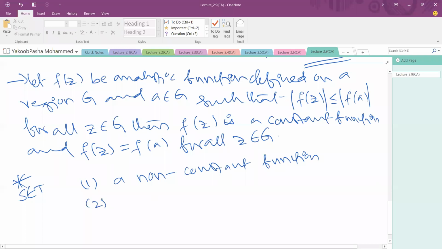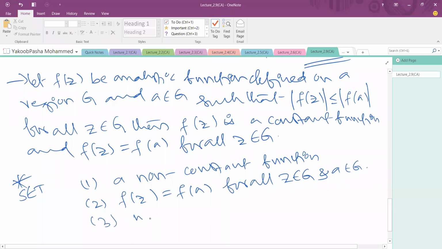Second option వచ్చేసి f of z is equal to f of a for all z belongs to g and a belongs to g. And the third option, not differentiable. And fourth option is Mobius function.